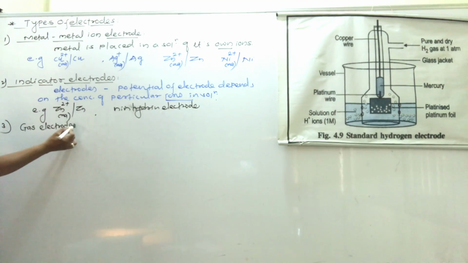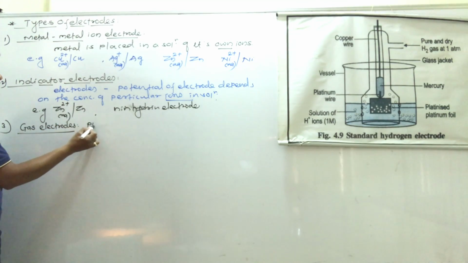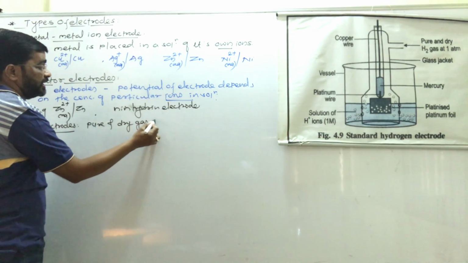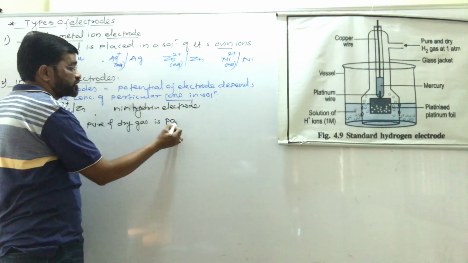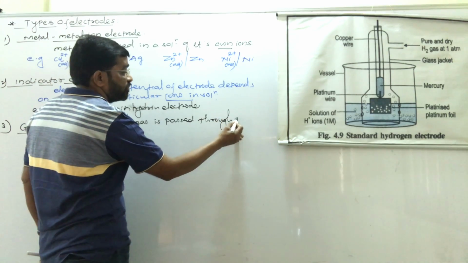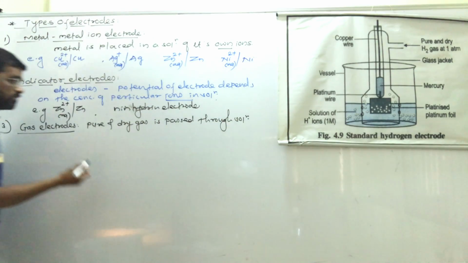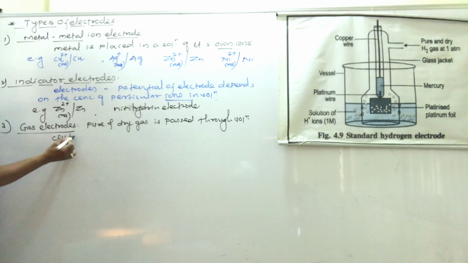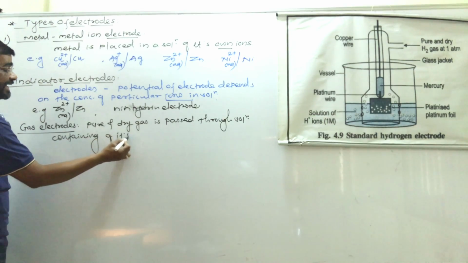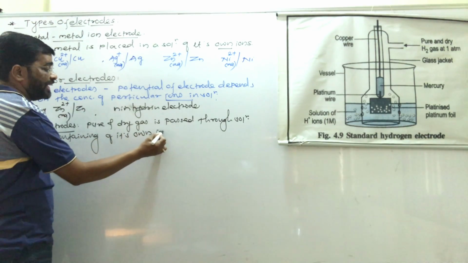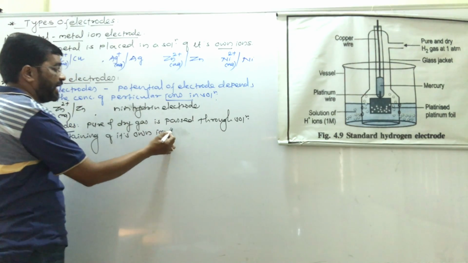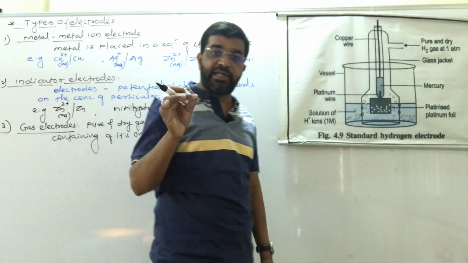In this type of electrode, pure and dry gas is passed through a solution containing its own ions at 1 atmospheric pressure and 298 Kelvin temperature.